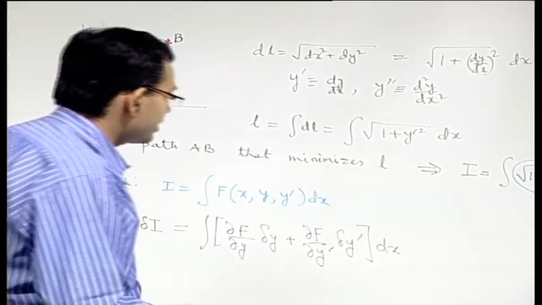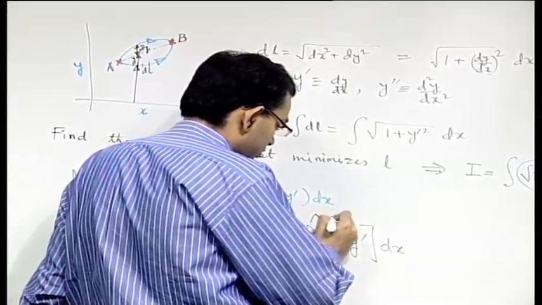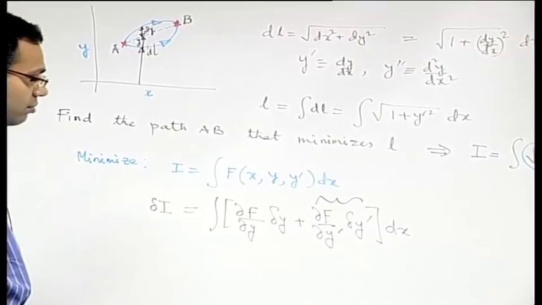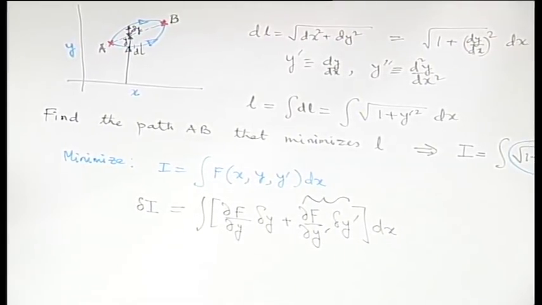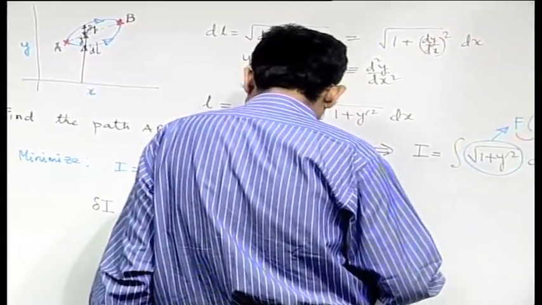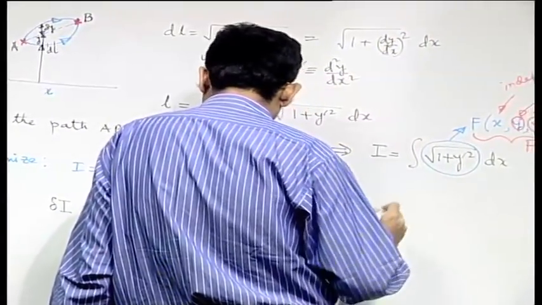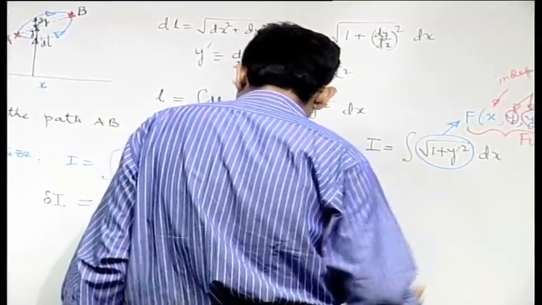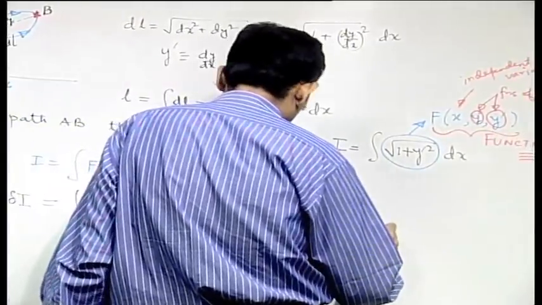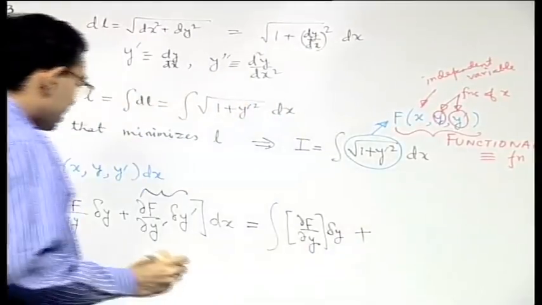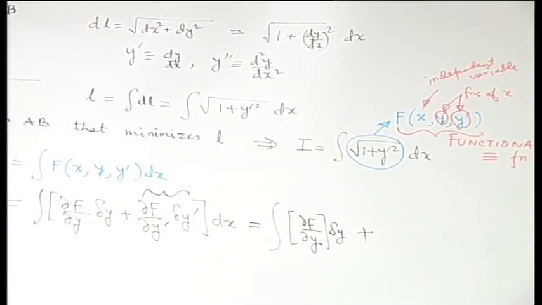Now, what we will do is, we will try to simplify the second term by doing integration by parts. This is the first term, and then for the second one we will consider something as the first function and something as the second function.